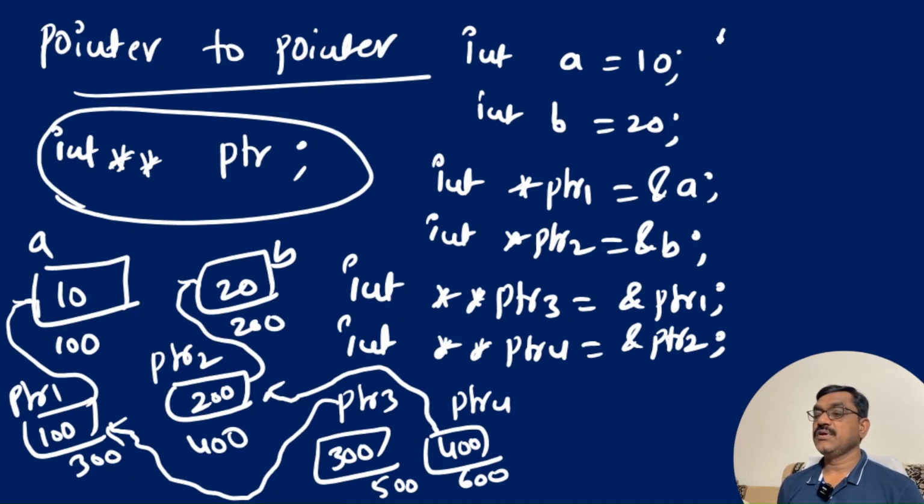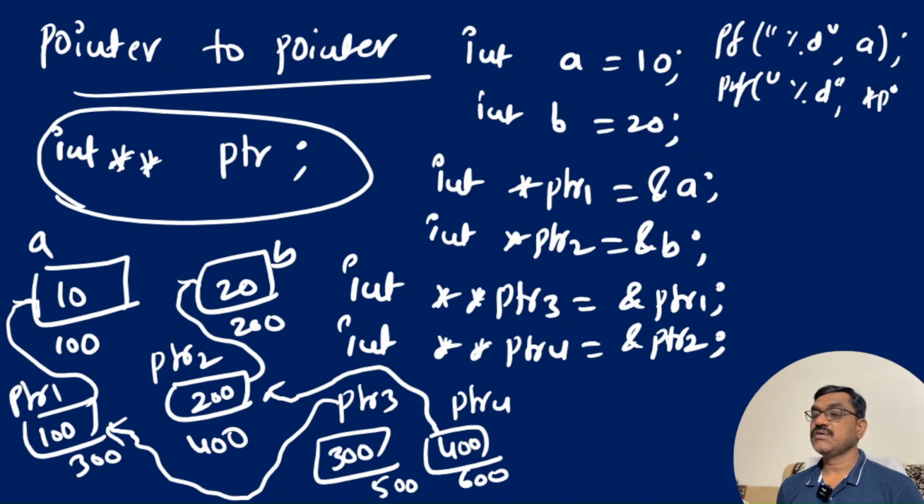Now for example, if you use printf with percentage d and a, what value do we get? 10. Another way to get this value is percentage d comma star of ptr1.